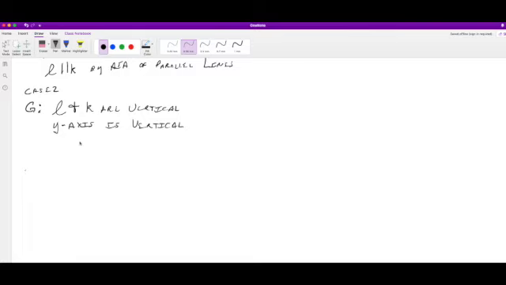So if that's true, then L is parallel to y and K is parallel to y because they're parallel to vertical lines, which means that L is parallel to K. And that's by one of our previous theorems that we proved. And now we've proven everything we need here.